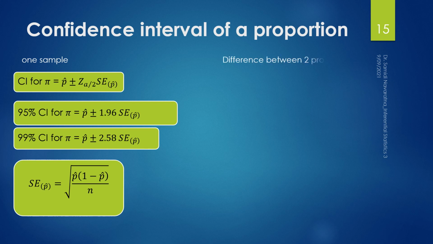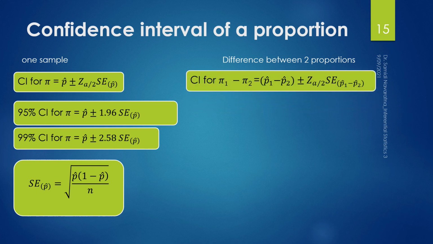Similarly, for the difference between two proportions, the general equation is given by this. And as you can see, it is also not different from what we learned for the difference between two population means.